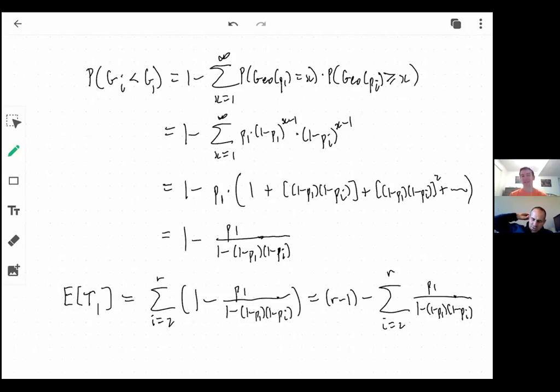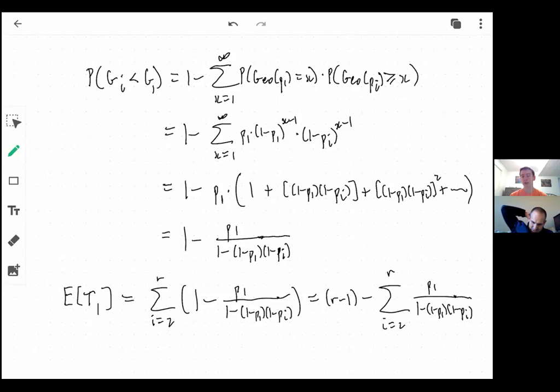And what if P1 was 1? Well, you get the sum reduces to the sum over I from 2 to R of 1.